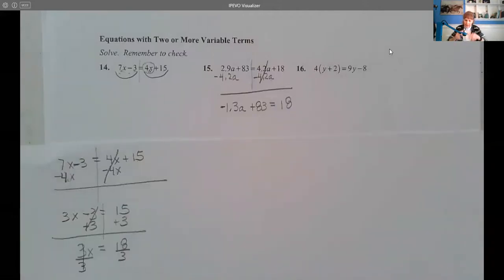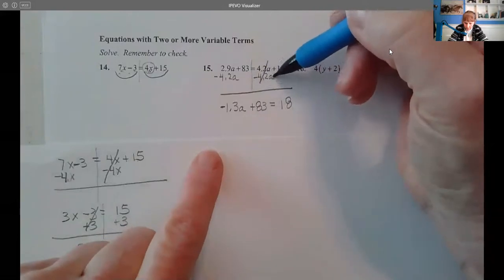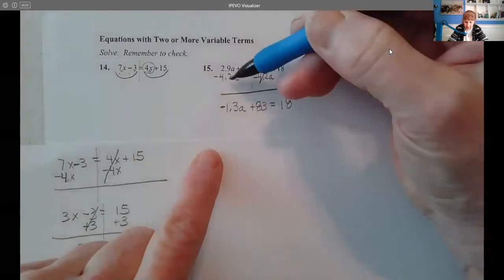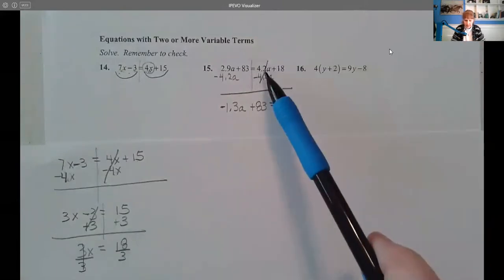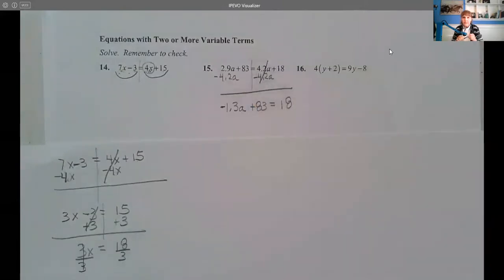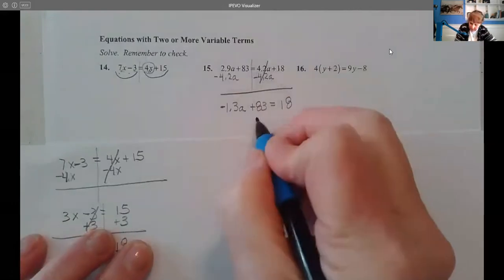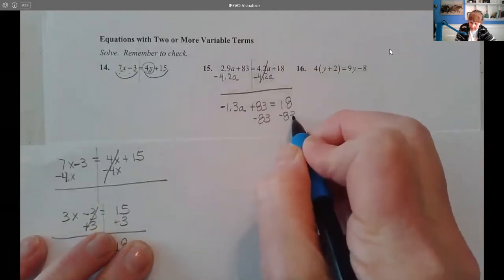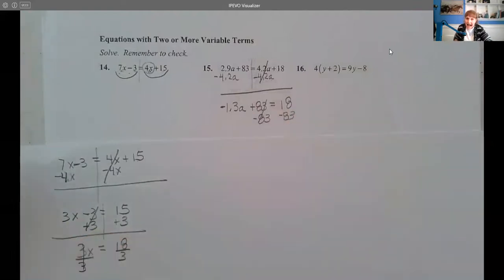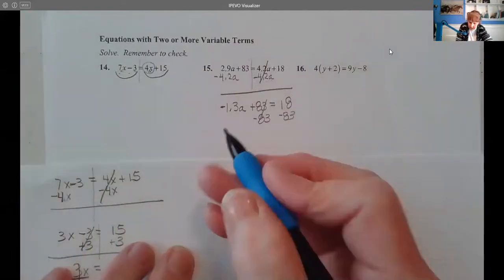So when you want to move everything, you add the opposite to both sides, and that'll always move it. Get rid of it and move it over here. It's always adding the opposite. So now we get it by itself, our two steps. We'll subtract 83 to get rid of this right here, or add a negative 83, the same idea.